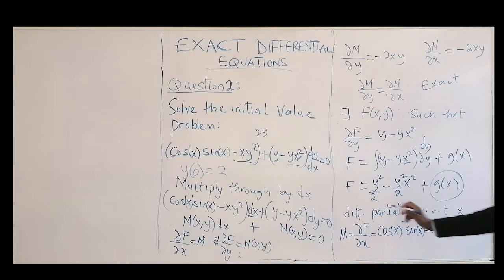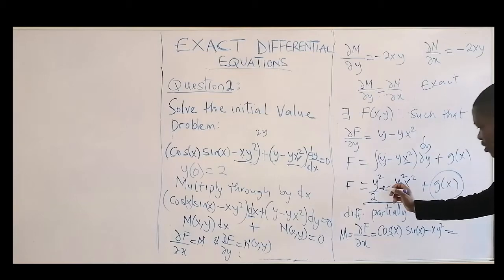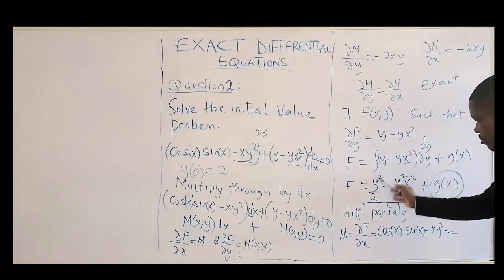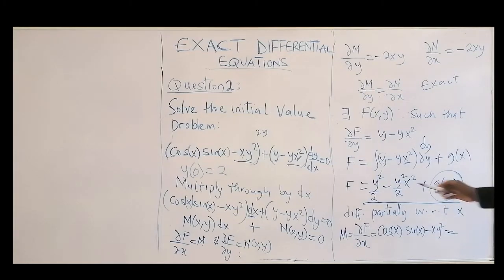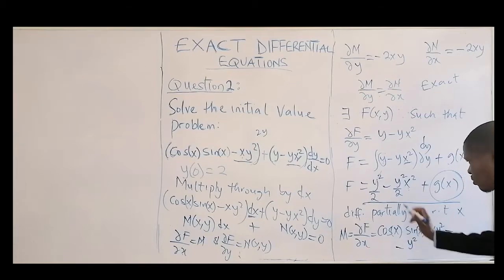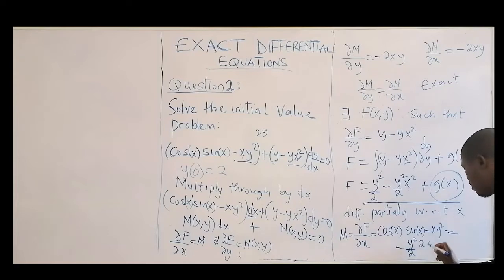And it equals this one, differentiate partially with respect to x. This is a constant, there's no x variable here, so this one automatically becomes 0. So we are only coming back here, and that will equal minus, if we differentiate this one, y squared, this one is a constant, but 2x, so the 2 will cancel out.